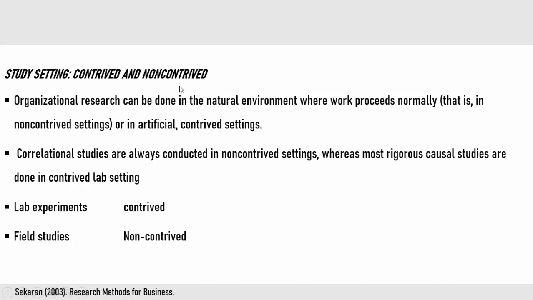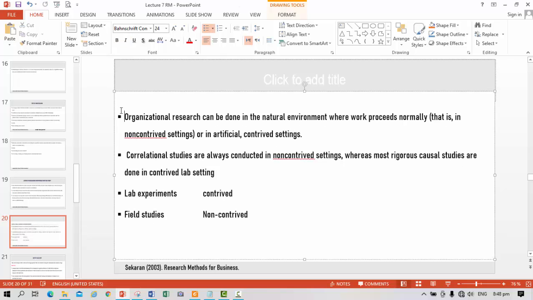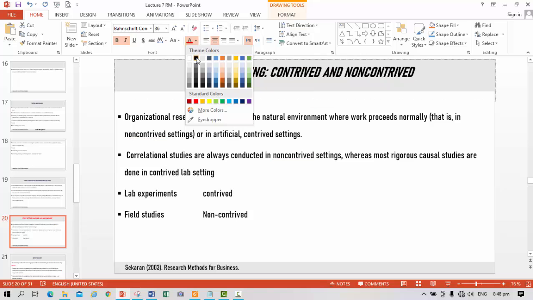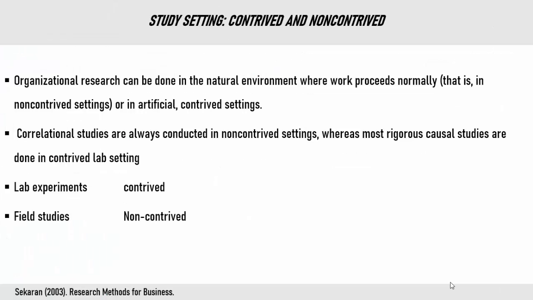Similarly, the study setting is another step of the research design. Organizational research can be done in a natural environment, where work proceeds normally, that is in a non-contrived setting, or in an artificial, contrived setting. This means the research can be conducted in both types of settings, contrived and non-contrived.